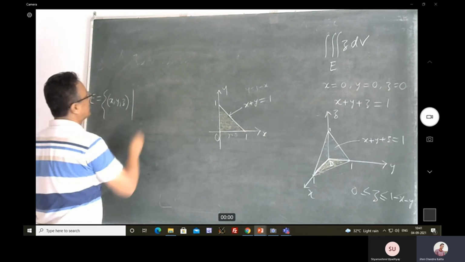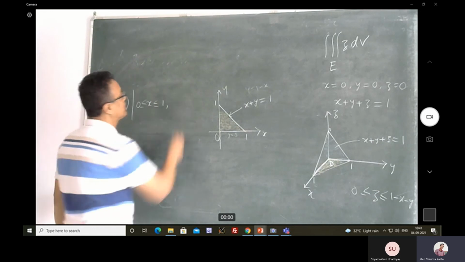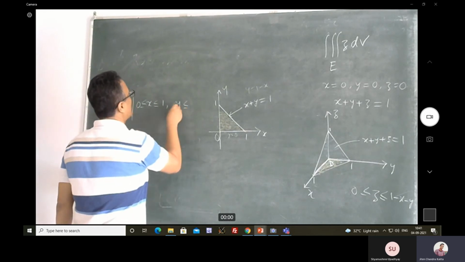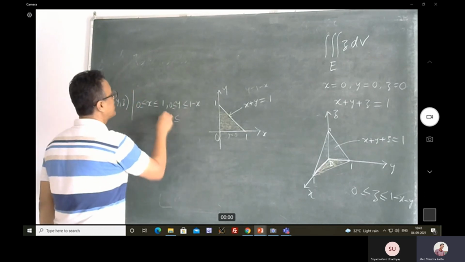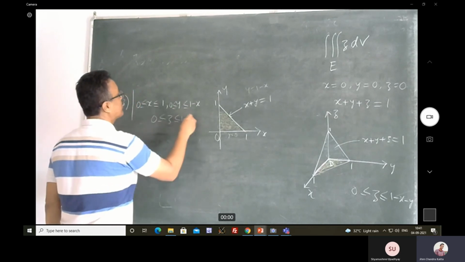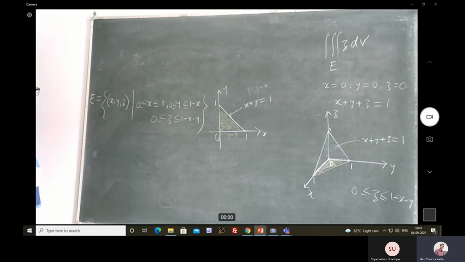So I have got x lying between 0 and 1, y lying between 0 and 1 minus x, and z lying between 0 and 1 minus x minus y. That's it. I need nothing else.